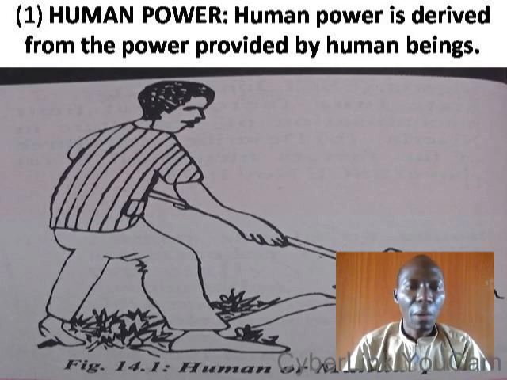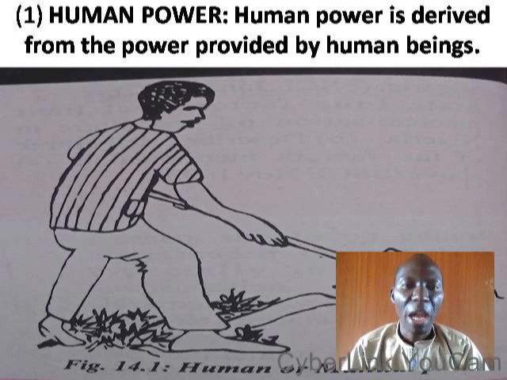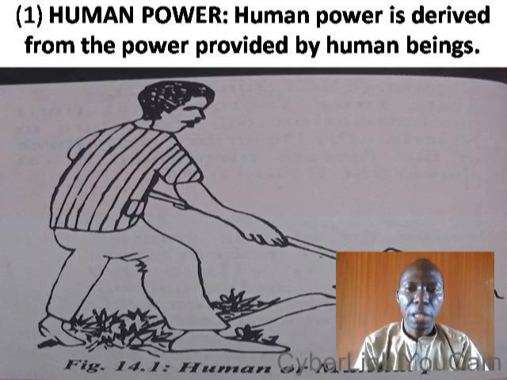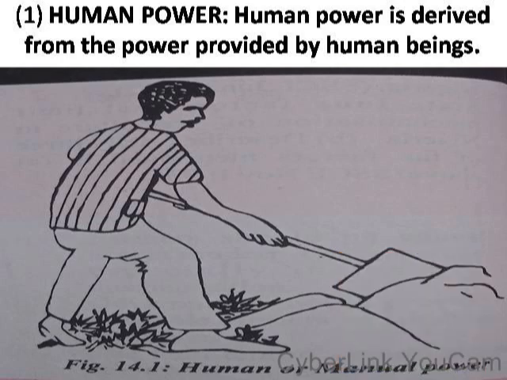Human power is derived from the power provided by human beings. For example, if you use a hoe to prepare the heaps or the ridge where you want to plant something, when you are making the heaps by yourself using your whole energy, like the picture you are seeing here.